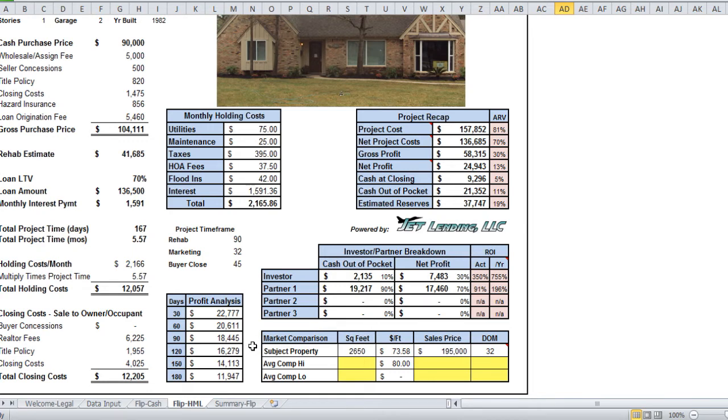Now, what isn't taken into account here, especially when you're looking at this from a hard money loan perspective, is any renewals or other costs you might run into if your project time frame goes beyond the term that you have on your loan. That's something you want to check with your hard money lender, and make sure you understand it and incorporate it into your cost estimate.